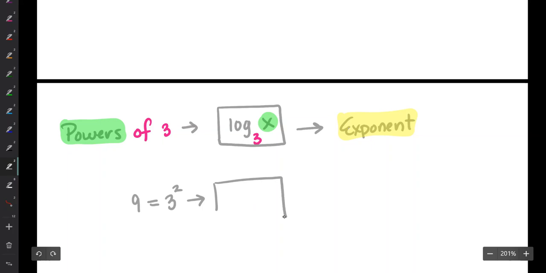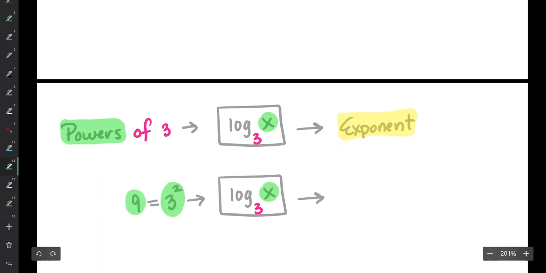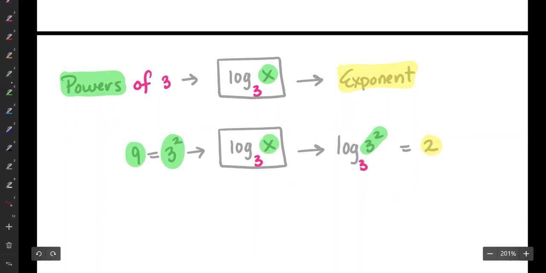So if 3 squared goes into the log base 3 box, right? So 9 goes in, well, 9 is 3 squared. What's going to come out is log base 3 of 3 squared. Delightful. Log base 3 is taking in a power of 3 and spitting out the exponent. The exponent here is 2. Right? Or how about a 9th?